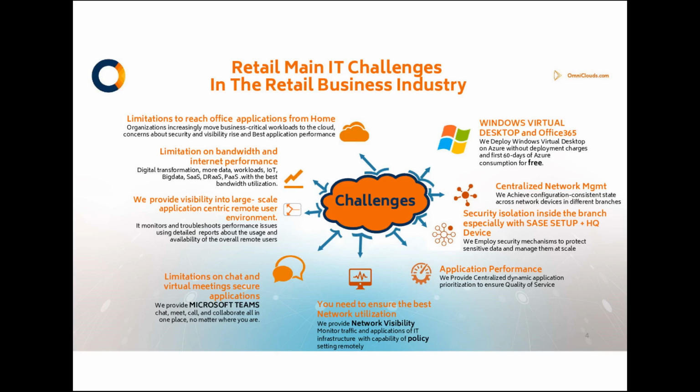In the next slide, we will mainly focus on the main IT challenges in the retail business industry. Now that we have identified the main basic 7 requirements of any retail business industry, let us see what the challenges are that the retail business industry is facing.